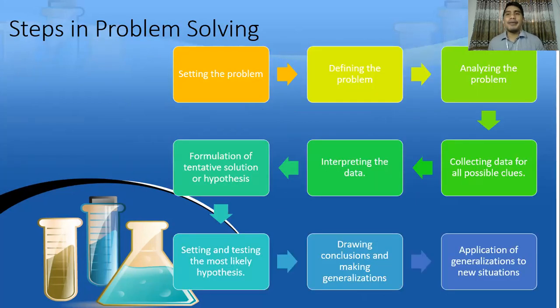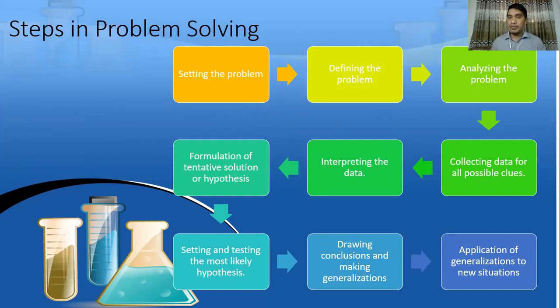So what are the steps that we are going to follow whenever we use problem solving? First is setting the problem. Of course, we define the problem. We should look at what this problem is all about, what the dimensions of this problem are, and after that we analyze the problem.